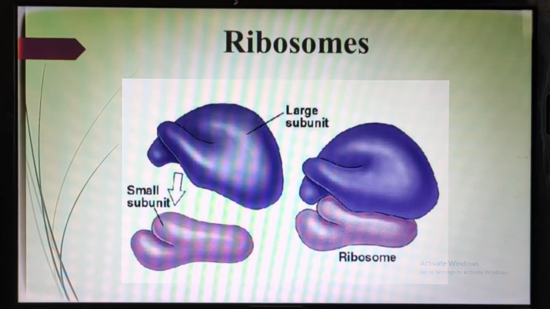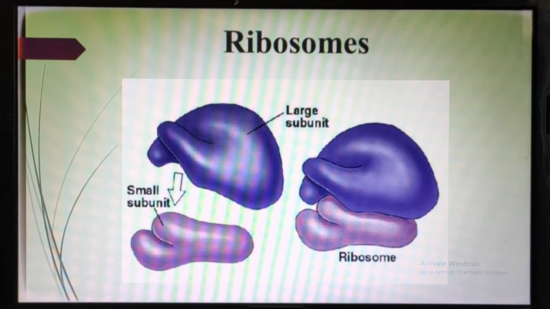And the complete ribosome will be 70S in prokaryotes and 80S in eukaryotes. So the main function of the ribosome is the synthesis of protein.